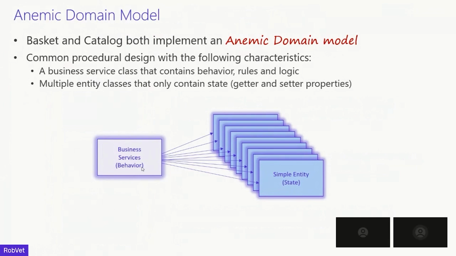It is a common procedural design with the following characteristics. You typically have one or maybe a very small number of business service classes that contain all your business behavior, all the rules, all the logic, so your methods are all in that class. And then you have typically a large number of very small entity classes that only contain state.